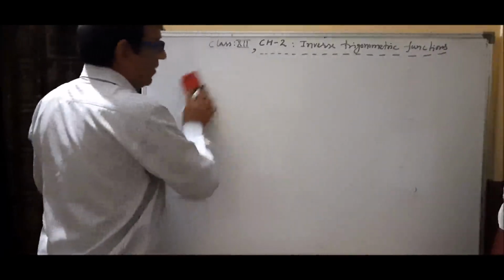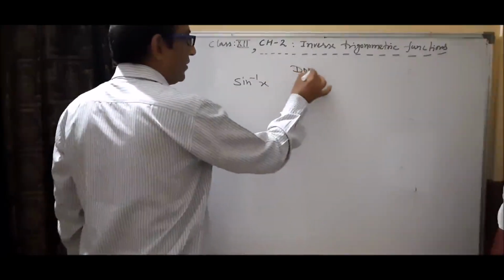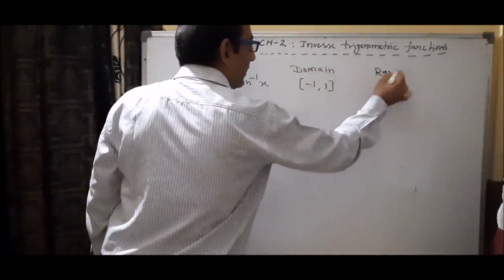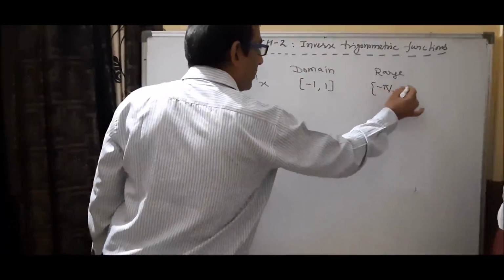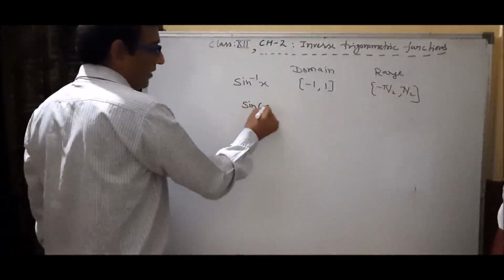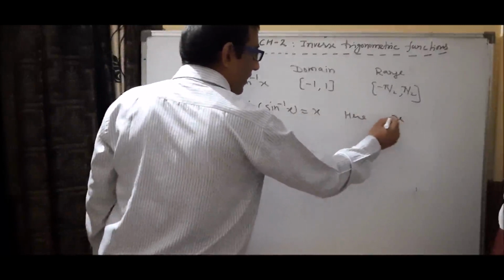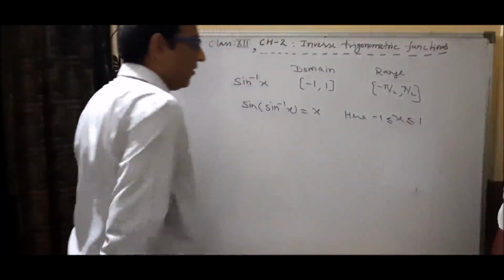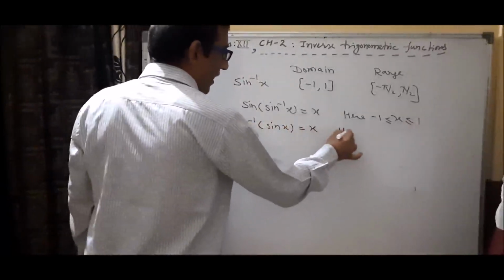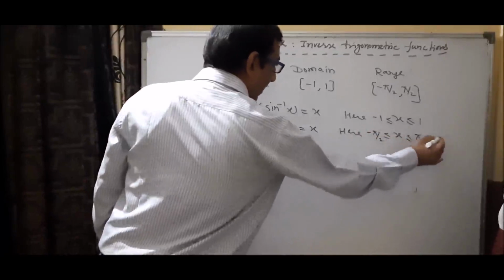It means we can say for sine inverse x, domain is -1 to 1 whereas range is -π/2 to π/2, and from the definition of inverse function we can say sine of sine inverse x can be written as x, and here x is greater than or equal to -1 and less than or equal to 1, and sine inverse of sine x can be written as x, and here the value of x is greater than or equal to -π/2 and less than or equal to π/2.